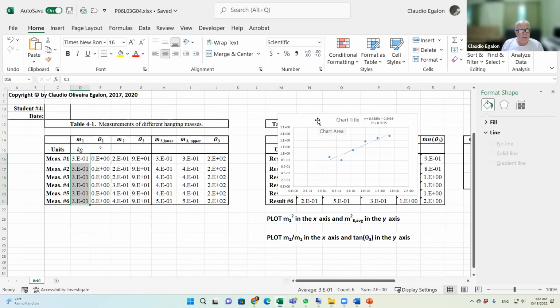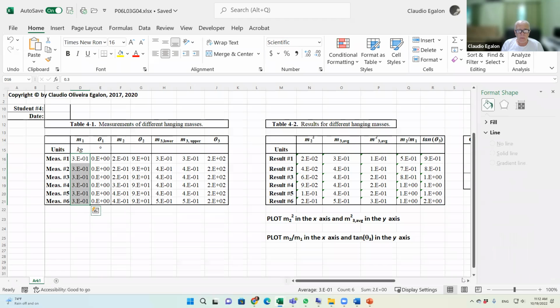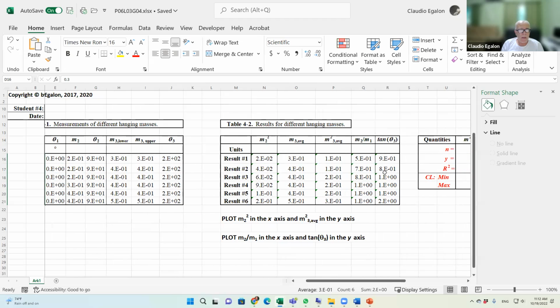So just replot it. Sometimes Excel doesn't update when you write the data here. Just replot your graph and see if you get the right value, right? See, when I change the M1, those values are supposed to change.